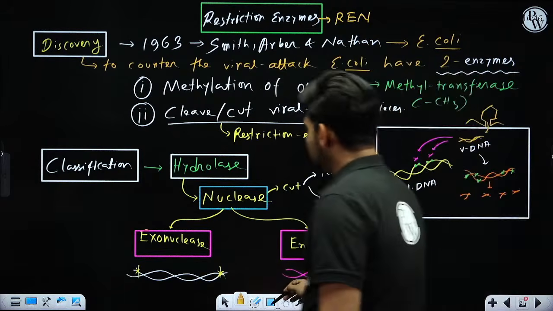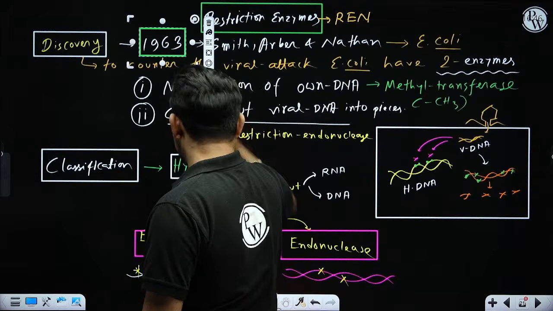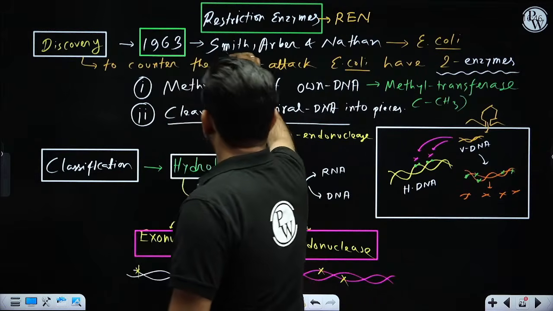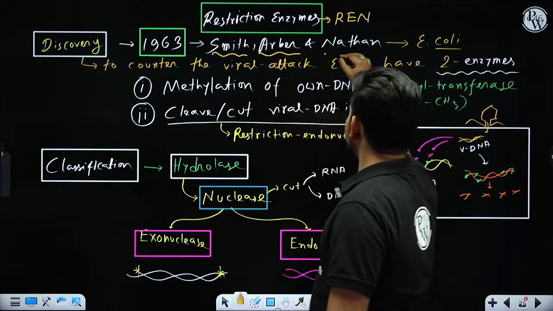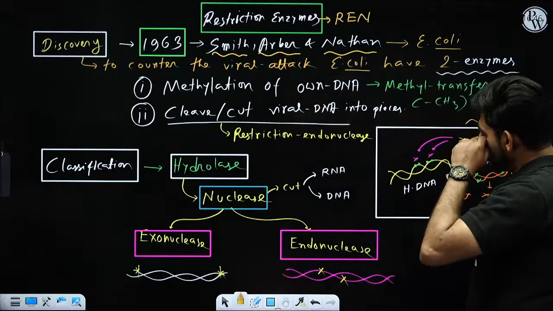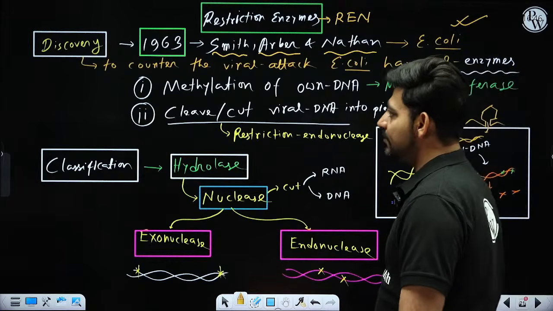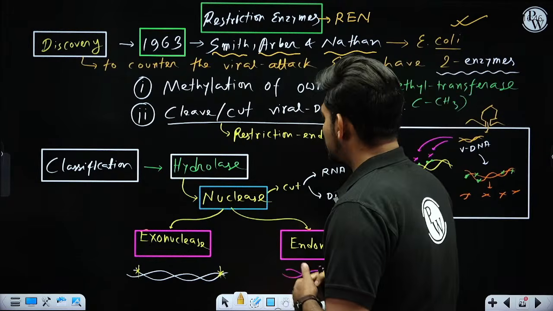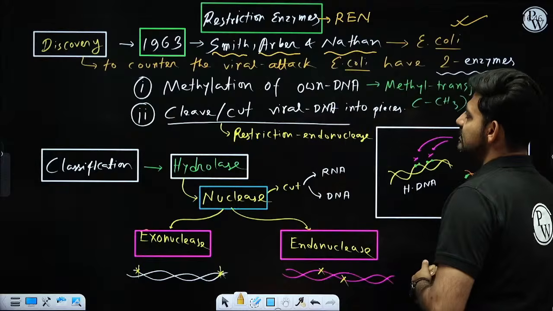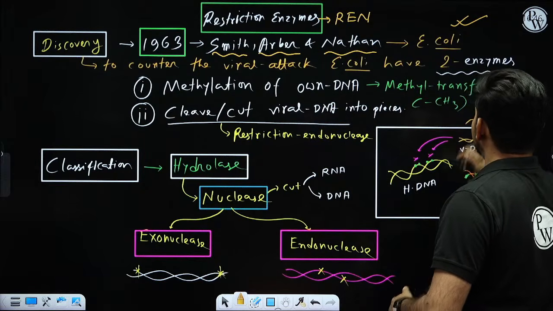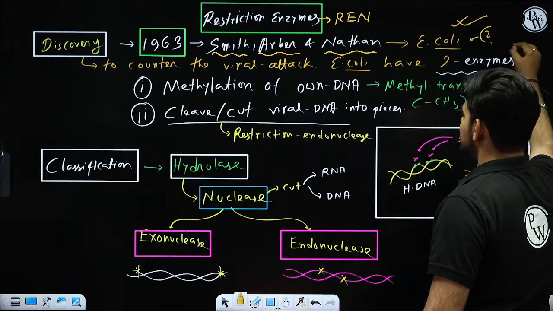Okay. So in the year 1963, three scientists, Smith, Arber and Nathans, inside the bacteria Escherichia coli or E. coli, discovered two important enzymes, right? And what are those two important enzymes?